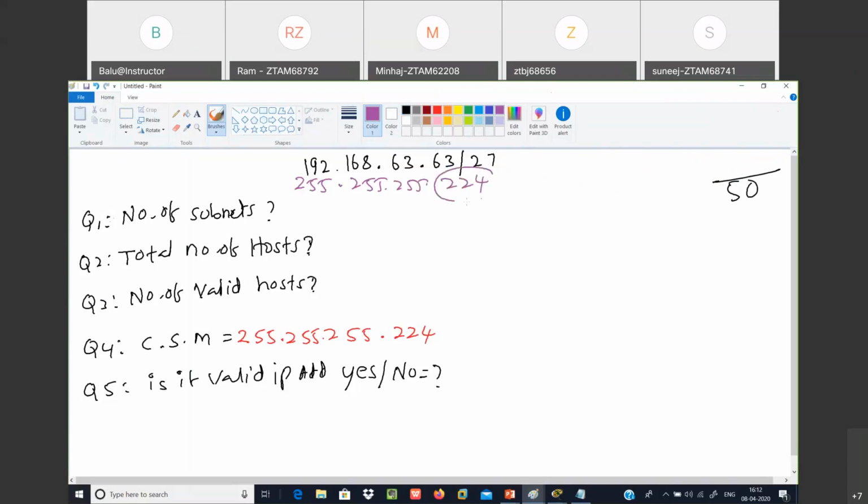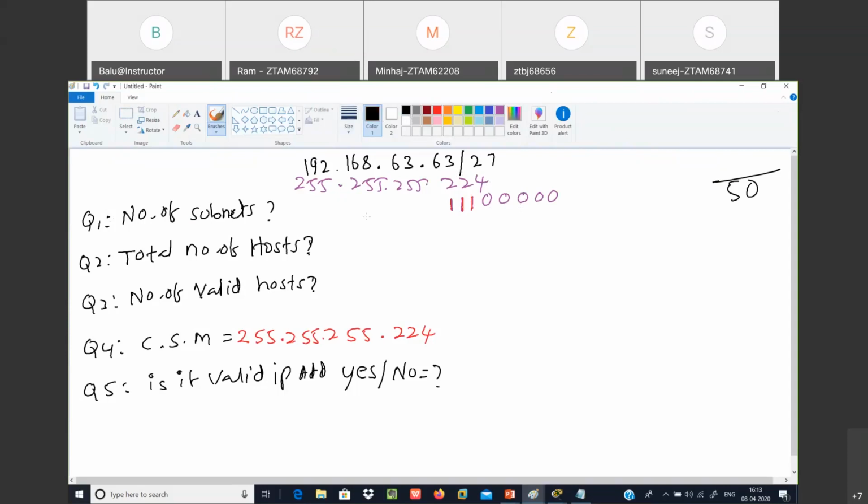Can you write 224 in binary, please? Tell me 224 in binary. 1, 2, 3, 4, 5, 6, 7, 8. So the first three bits are network bits. Finished. Now you can answer all the questions easily.